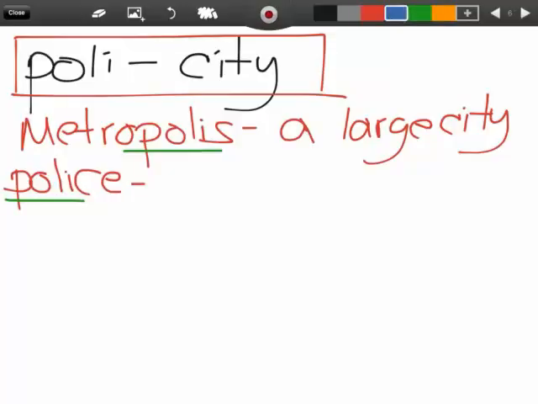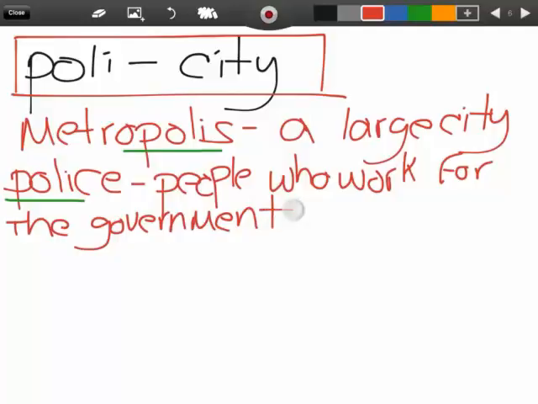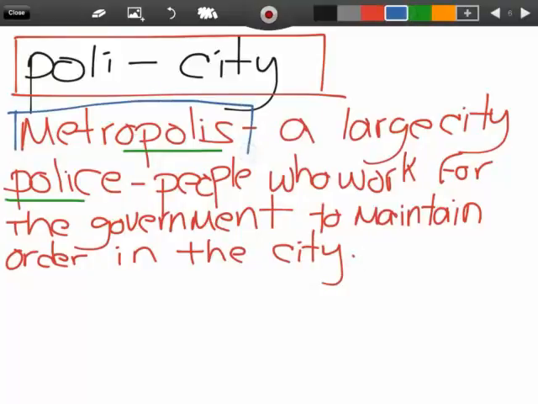And police means people who work for the government to maintain order in the city.